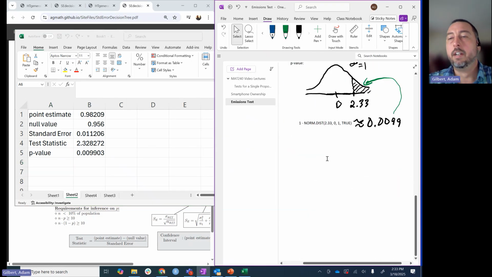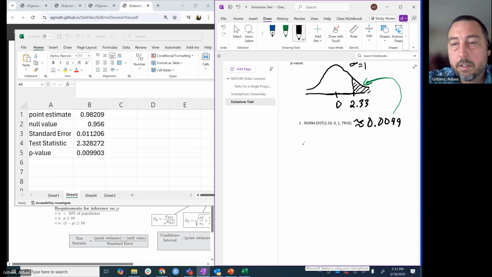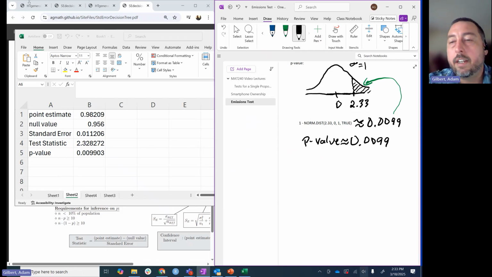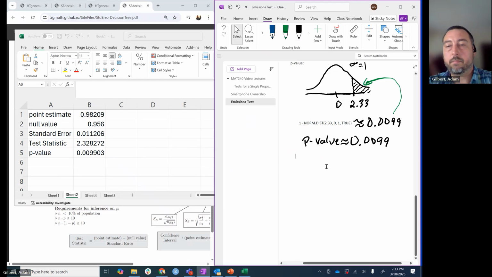All right. So our p-value is approximately 0.0099. We're going to compare that p-value to alpha.